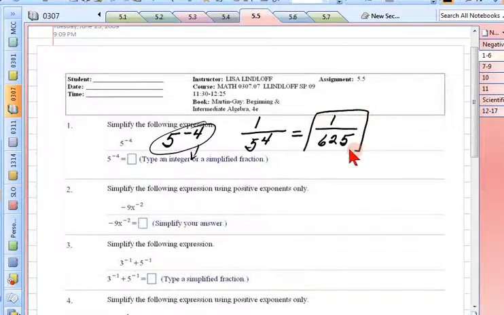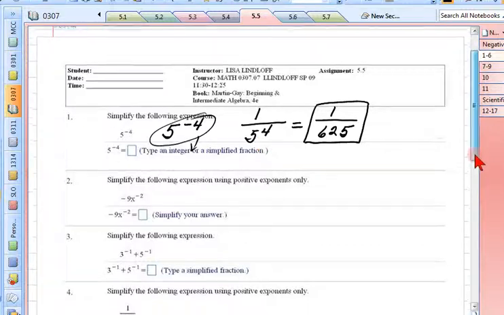So in problem number 1, you will only get credit if you have it multiplied out. Okay? Now, if you were taking a test, and you've got a take-home test, if you happen to leave your answer in the form 1 over 5 to the 4th, I would probably give you full credit for it. But Math Lab won't.